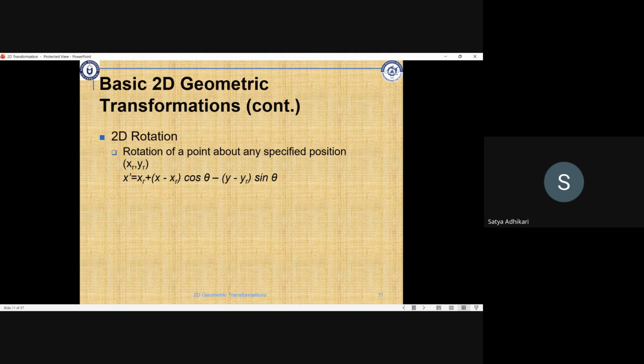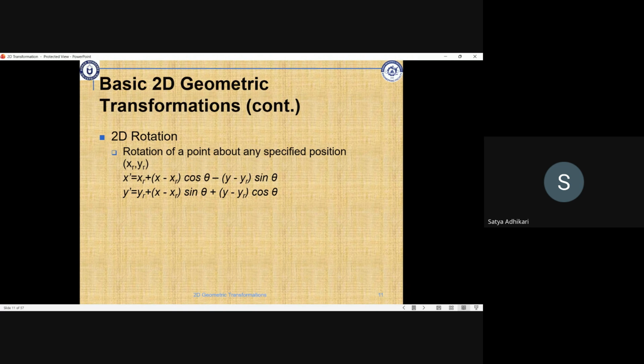x dash is calculated as xr plus x minus xr cos theta minus y minus yr sin theta, and y dash equals yr plus x minus xr sin theta plus y minus yr cos theta.